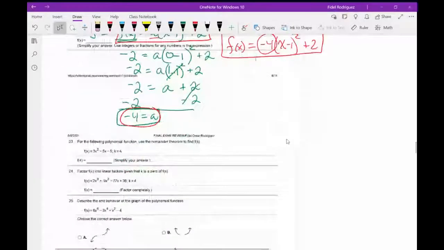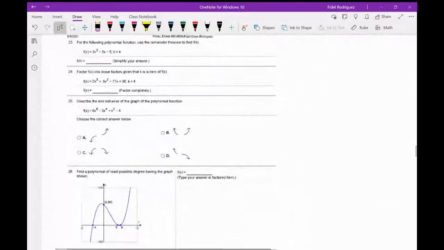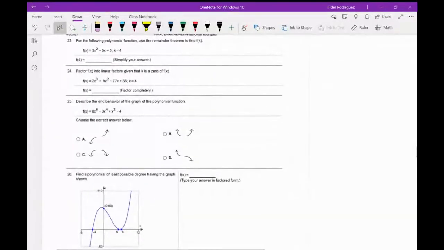All right. So we can keep going here. That was number 22. Anyone have any questions about 23, 24, 25, or 26? Any of those four questions? Are we good with 23 through 26?